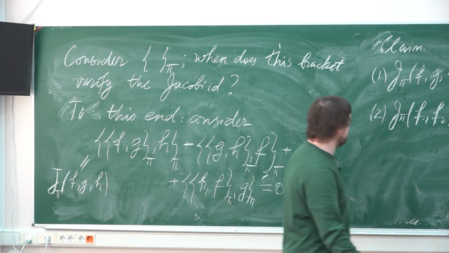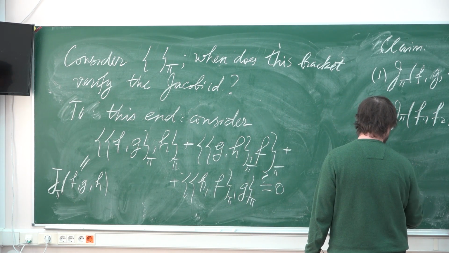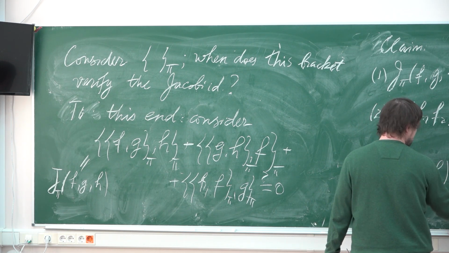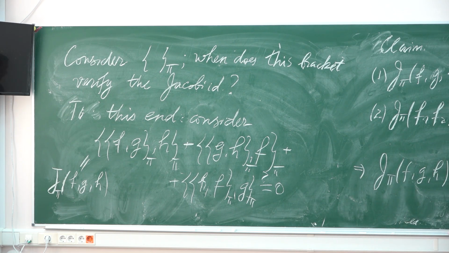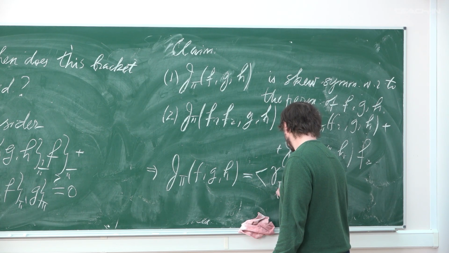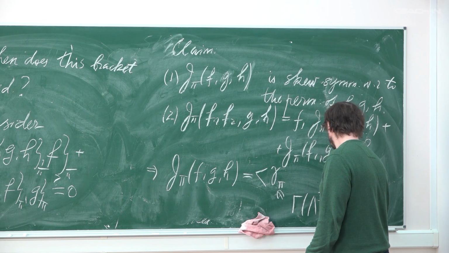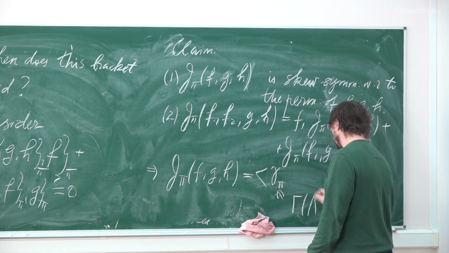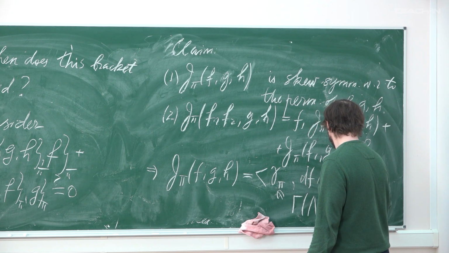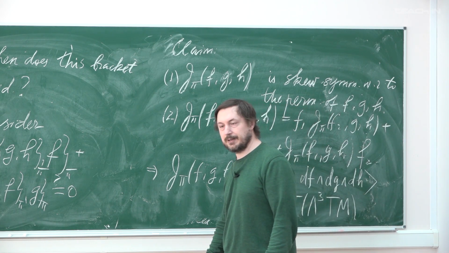So I'll skip this, and it follows automatically that the Jacobiator of f, g, h is equal to the pairing of a certain trivector field with the form df, dg, dh. Right? Nothing else.